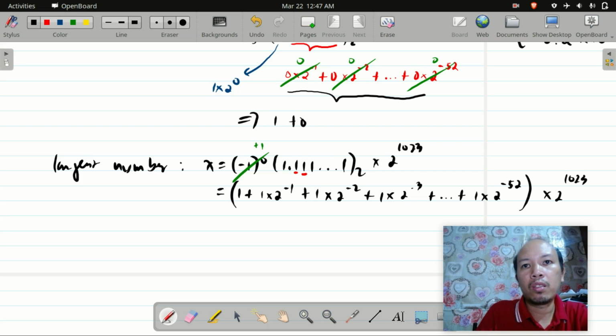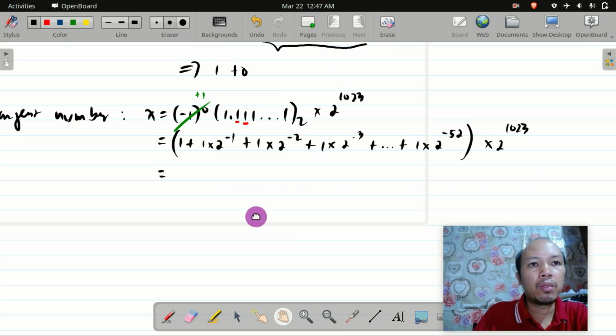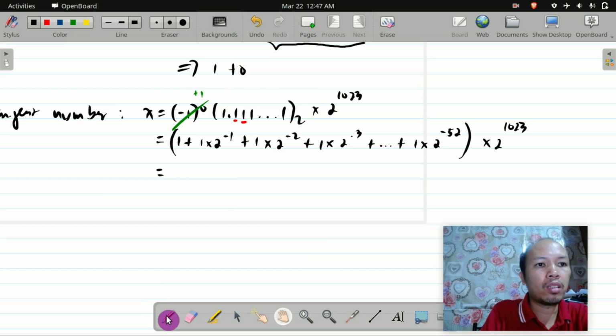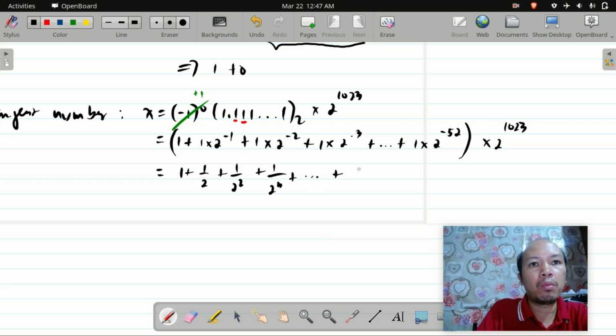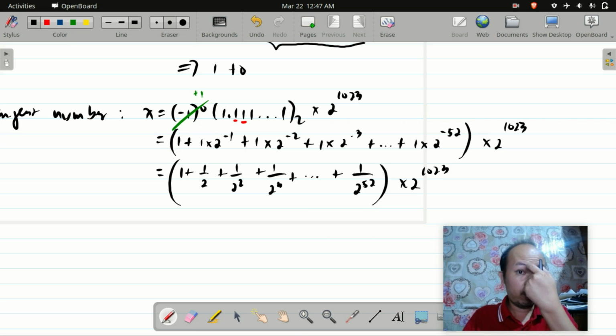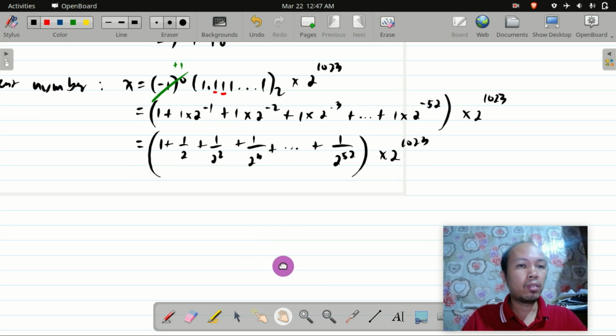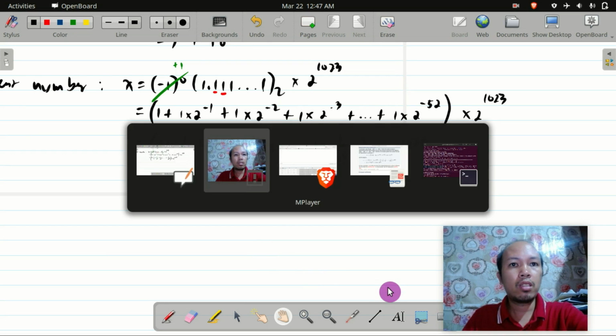So as you can see, we can simplify this one as 1 plus 1 half plus 1 over 2 square plus 1 over 2 cube, and so on up to 1 over 2 to the 52, times 2 to the 1023. So this is the same as this one here.